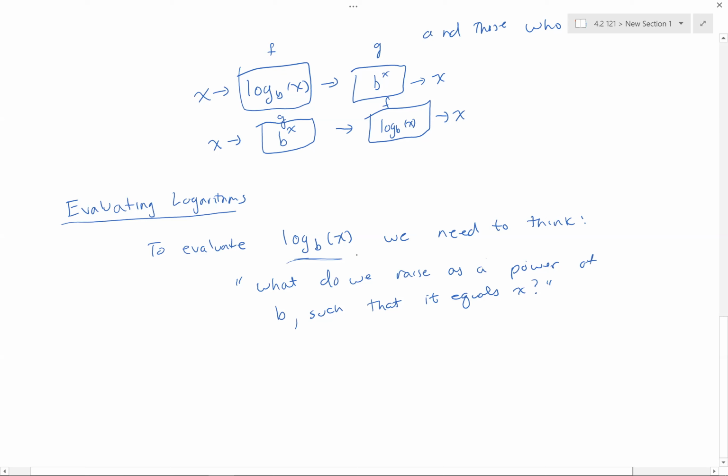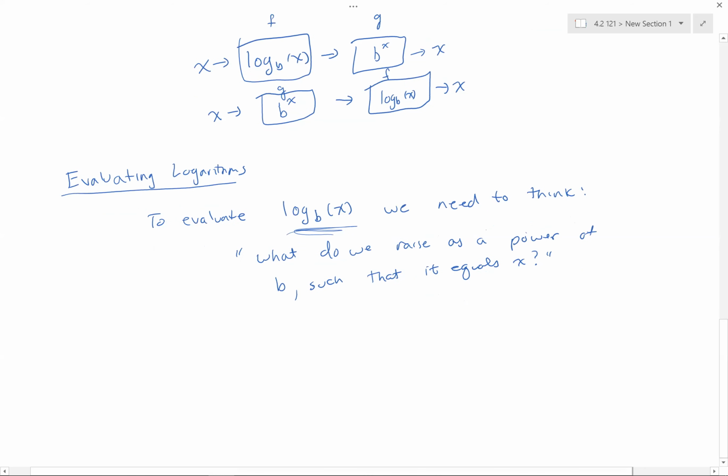What does log base b of x mean? Well, that's the power that we raise b to. What power do we raise the base to that gives us x? So we use the equivalent forms. I want to know what log base b of x is, so I'm just going to call that y.